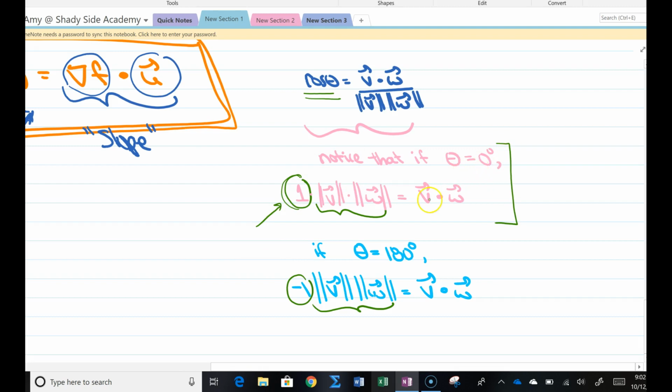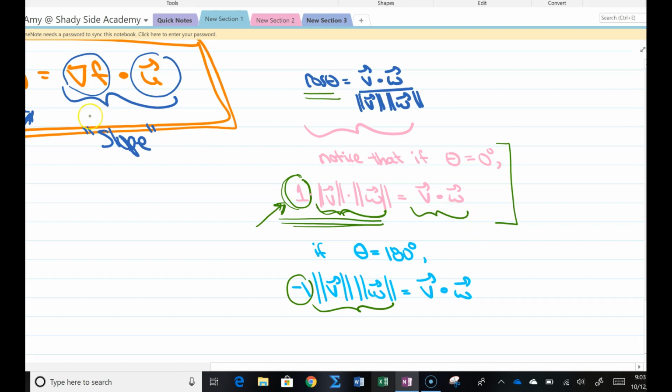If theta equals 0, cos theta is at its maximum value of 1 times this positive number. In other words, 1 times this positive number represents the greatest possible value that v dot w can attain.